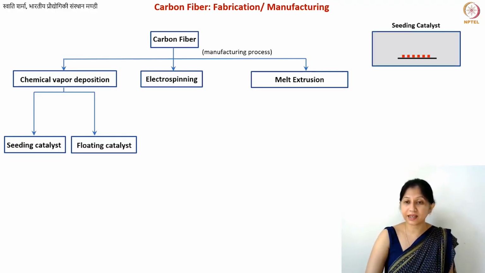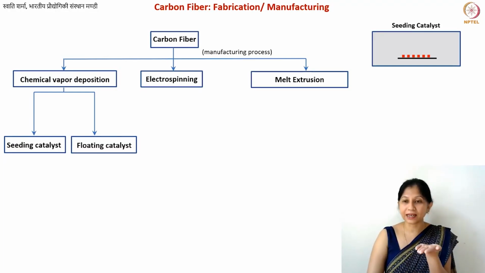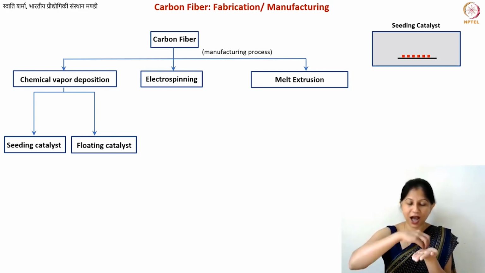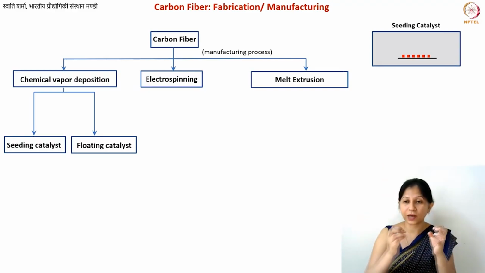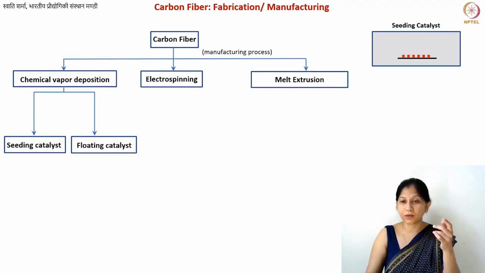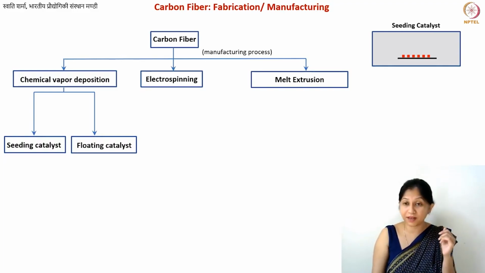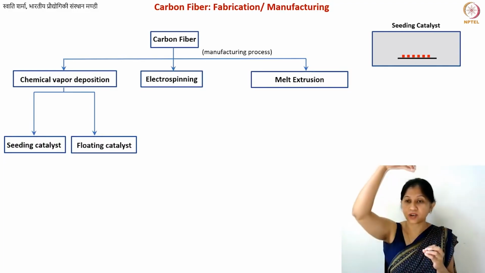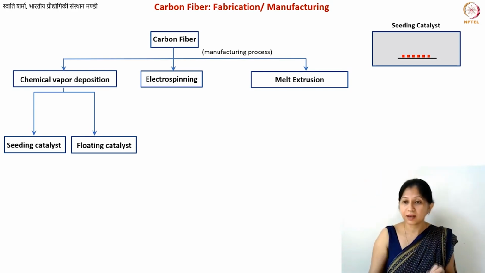Seeding catalyst means you have catalyst attached to a solid substrate, so you have the catalyst on top of it. What will happen when there is pyrolytic deposition? You will have these structures growing like a forest, the one that I had shown you in the picture in the previous slide. So you will have the structures growing on top of these catalysts.